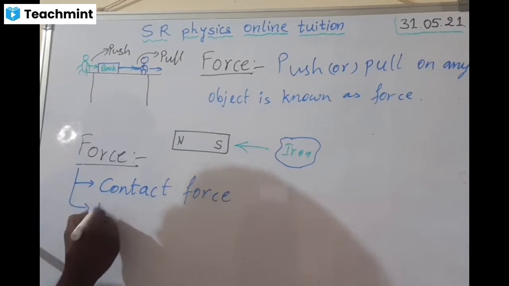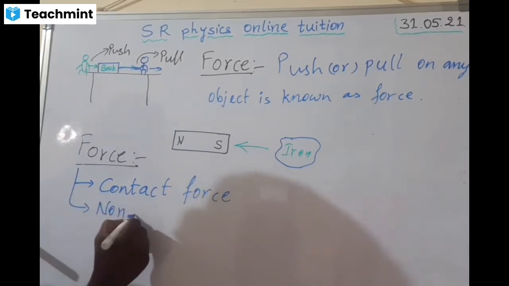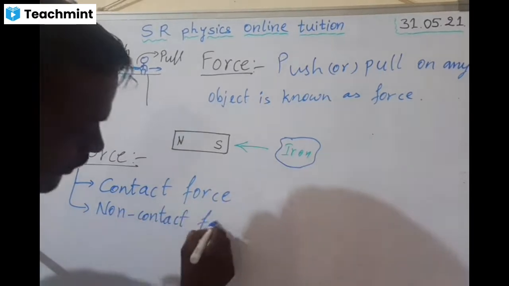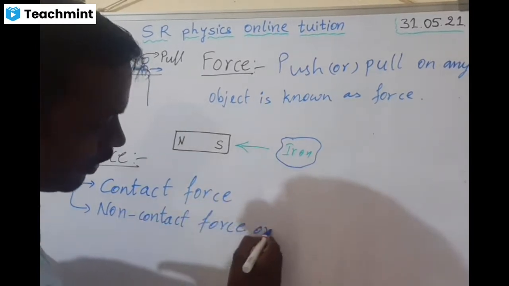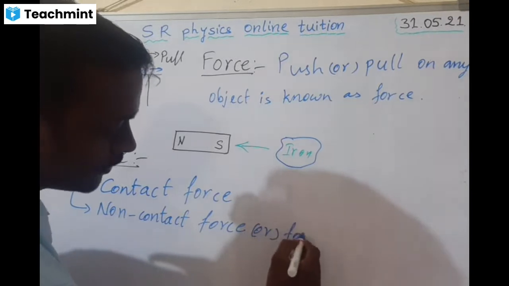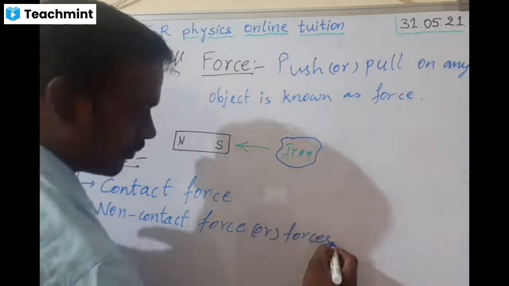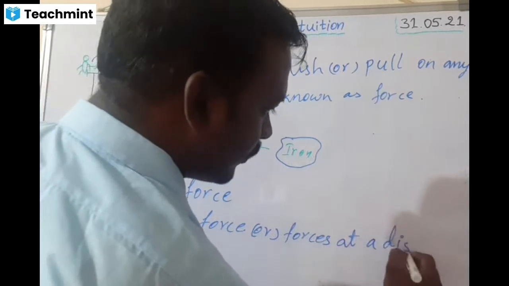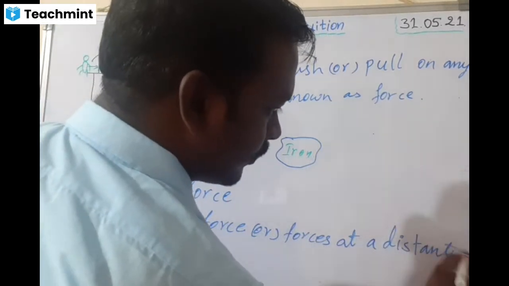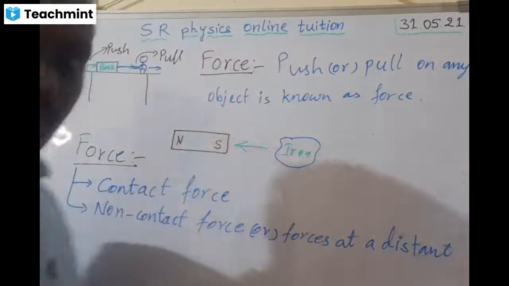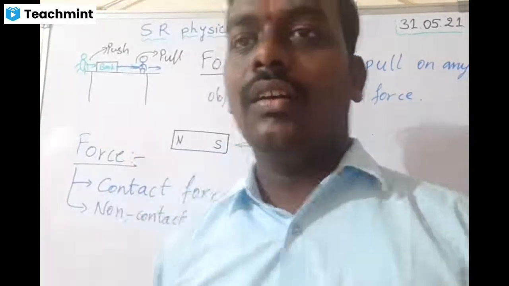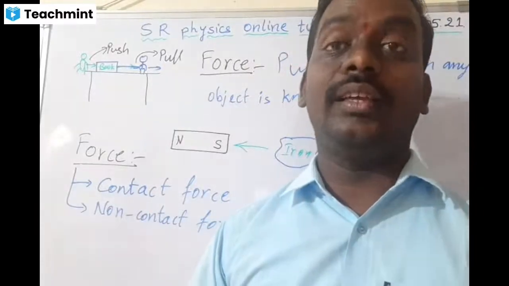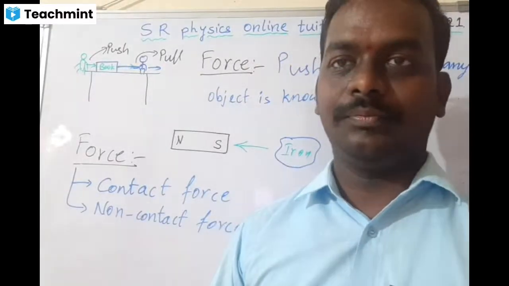Second one is non-contact forces, or forces at a distance. Forces at a distance in the sense there will be some distance between the two objects when there is existence of some force.